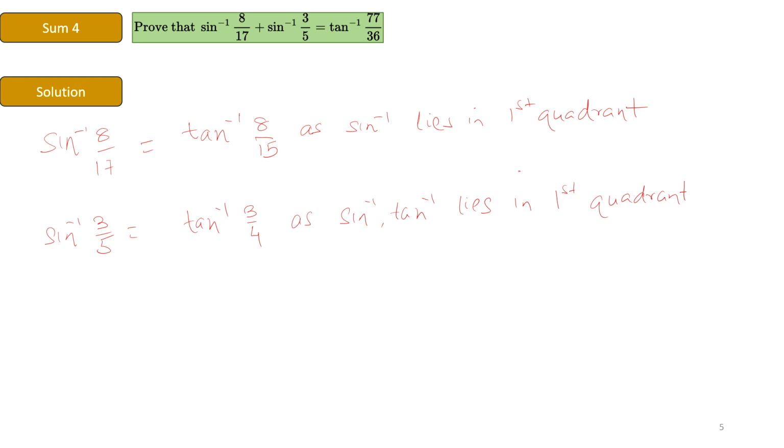Sine inverse of 8 by 17 and sine inverse of 3 by 5 lie in quadrant 1, as the principal value branch of the positive sine inverse function lies in the first quadrant. Hence, the corresponding tan inverse will also be positive, and the tan inverse is computed in the slide.